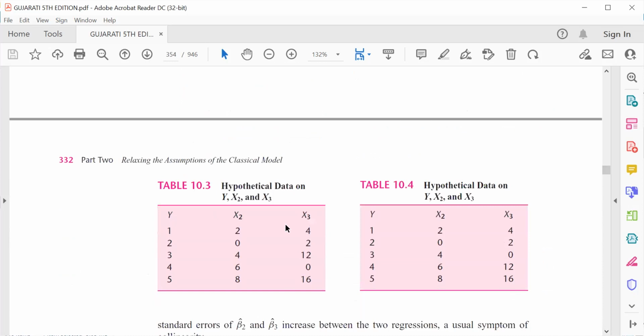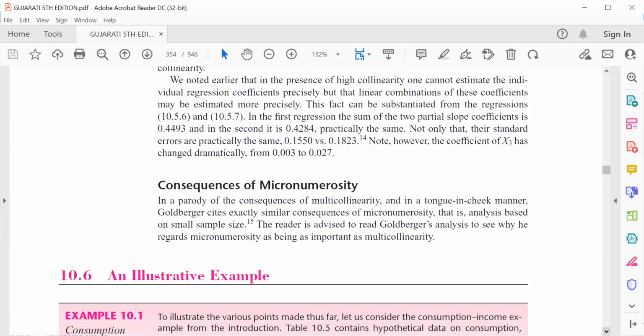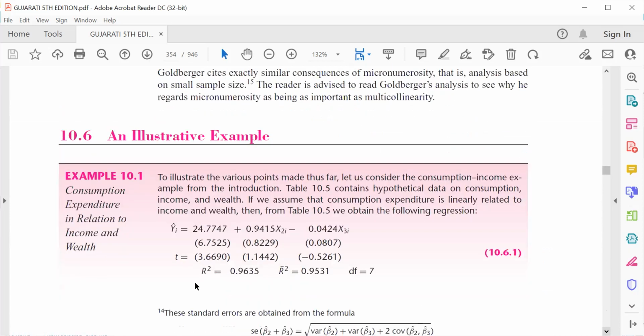This is hypothetical data. We have a very small sample size, only 5 here. This data has the possibility of high collinearity between these variables. This is a sample we can calculate, Table 10.5.